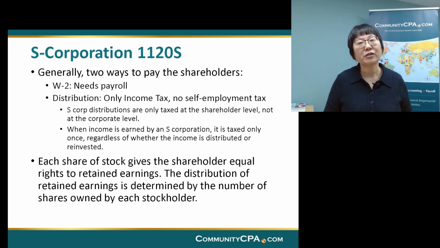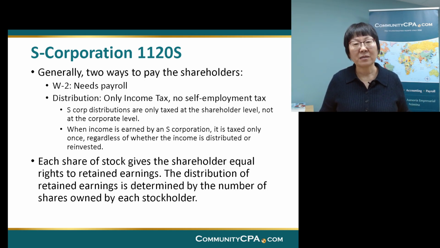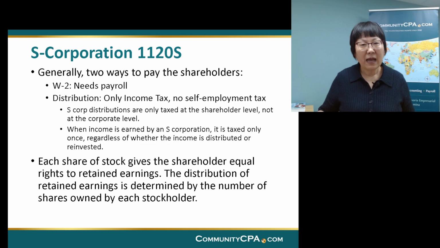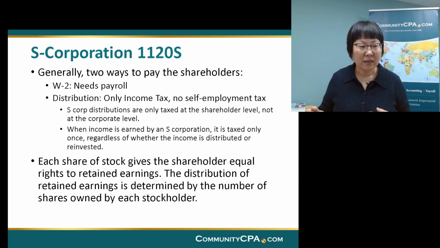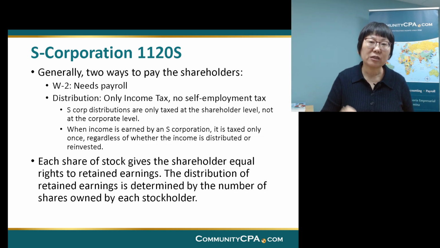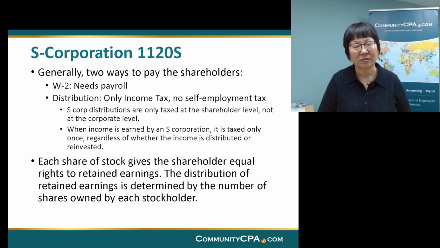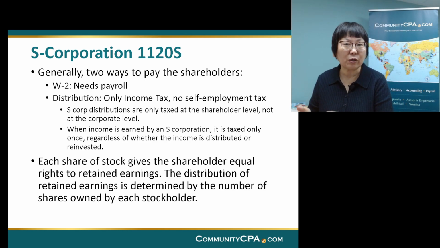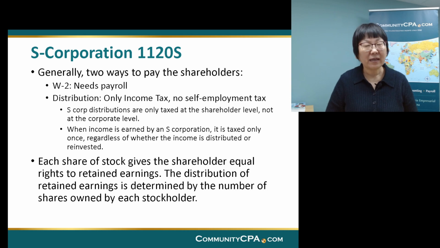The IRS understands some of those shareholders simply don't want to run payroll because they don't want to pay Social Security and Medicare. Everything went through K-1 distribution. That K-1 distribution is not subject to Social Security and Medicare payment when it lands on your 1040. That's why it has become an area where a lot of tax savings comes through.